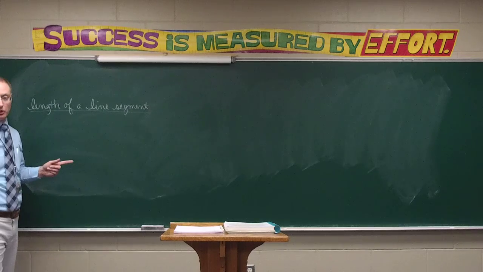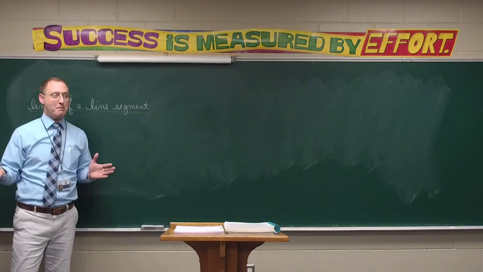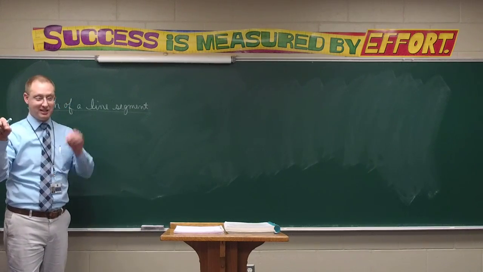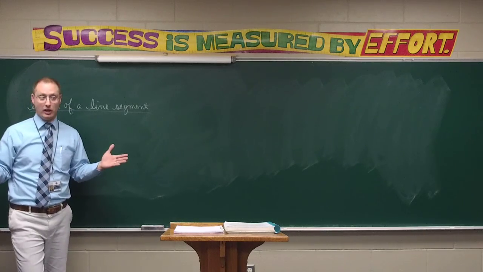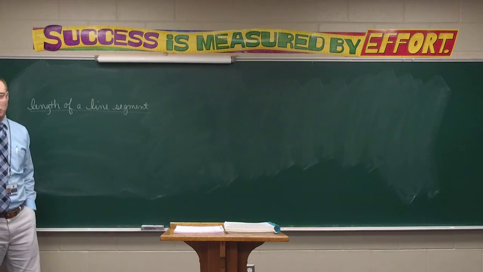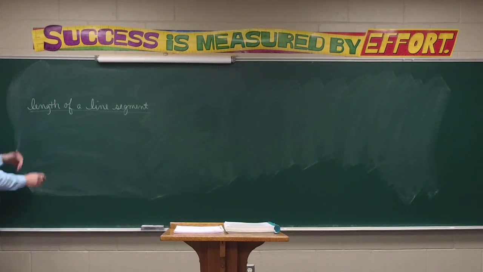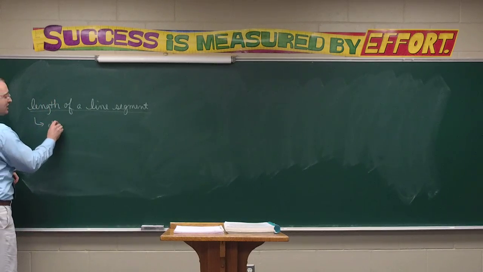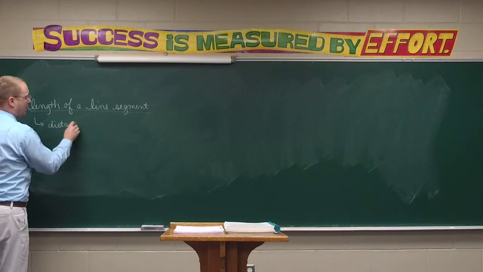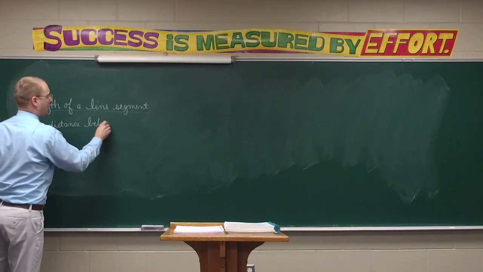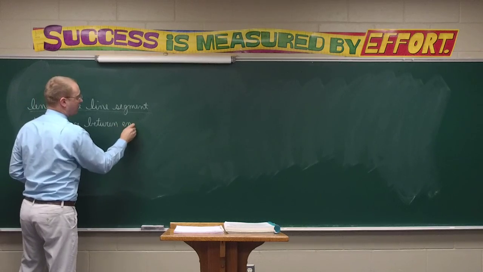In fact, in geometry, my geometry grads will remember, we measured with our compass, endpoint to endpoint. And that's how long the line was. We didn't care how many inches or centimeters it was. However, it was endpoint to endpoint. Well, literally the length of a line segment is defined as the distance between the endpoints.